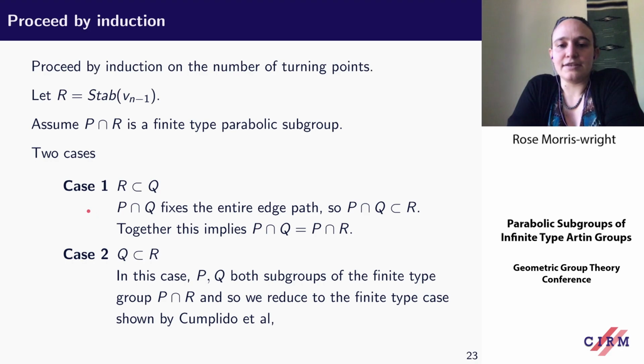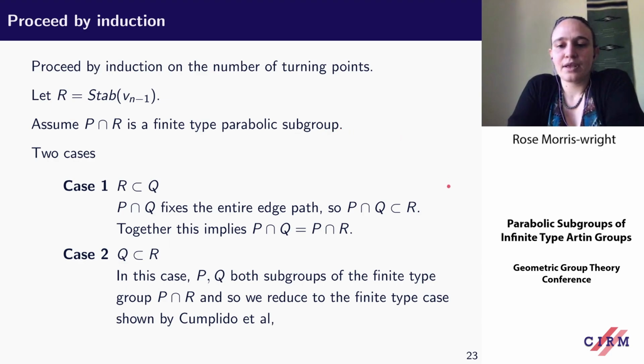So in particular, it fixes the second to last turning point, Vn-1, so it's contained in R. And if you take these relations together, the fact that R is a subset of Q and the fact that P intersect Q is a subset of R, you get that these two groups are equal. And so then we know that P intersect Q is a finite type parabolic subgroup because that's what we assumed to begin with.